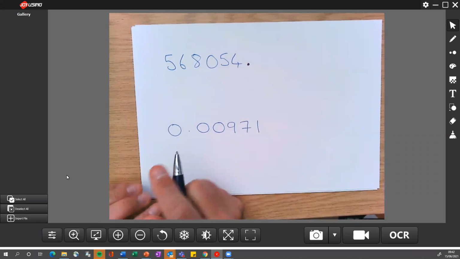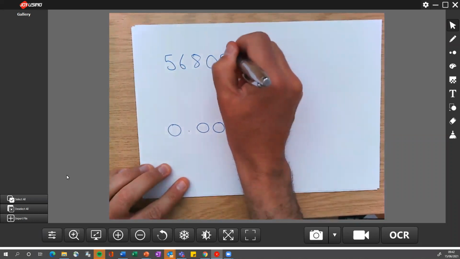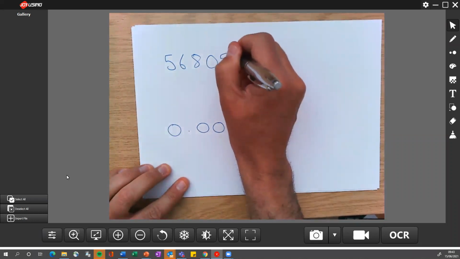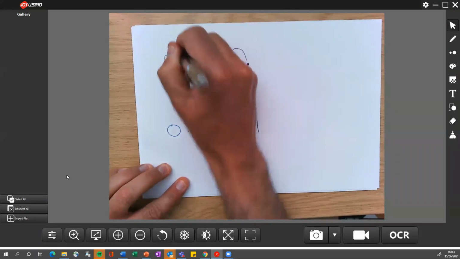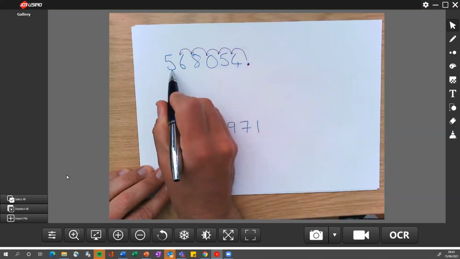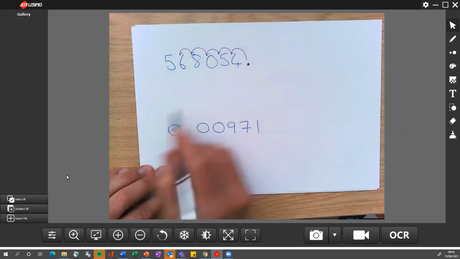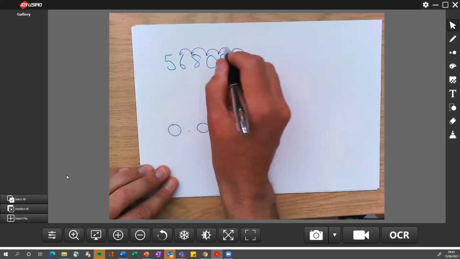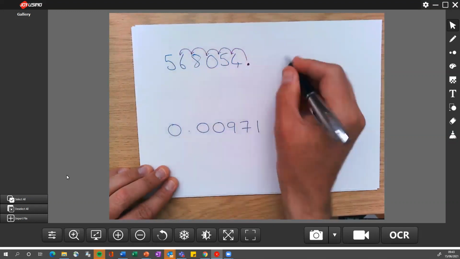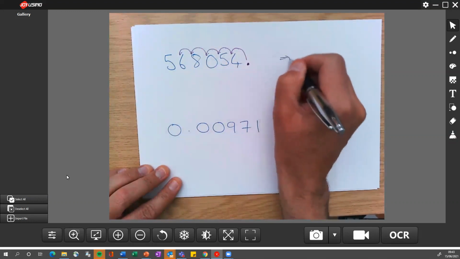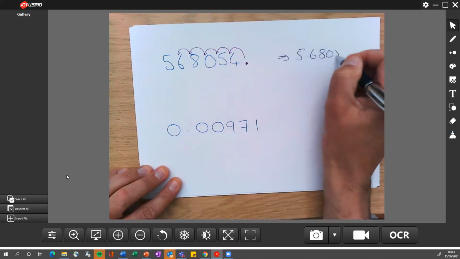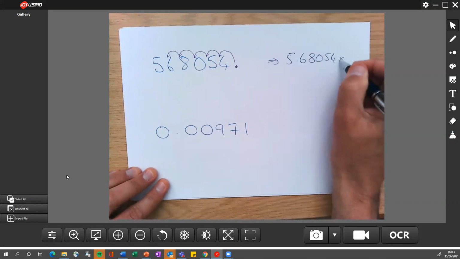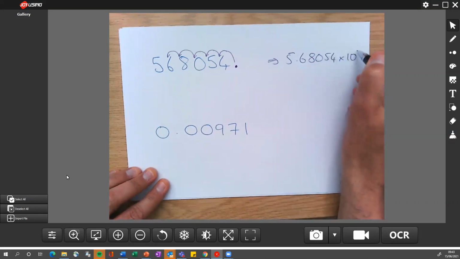And then the idea of jumping decimal points is you count the number of times you have to hop until you get one digit, which is either 1 up to 9, and then the decimal point. So we've done 1, 2, 3, 4, 5 moves. So that gives us, in standard form, 5.68054 times 10 to the 5.